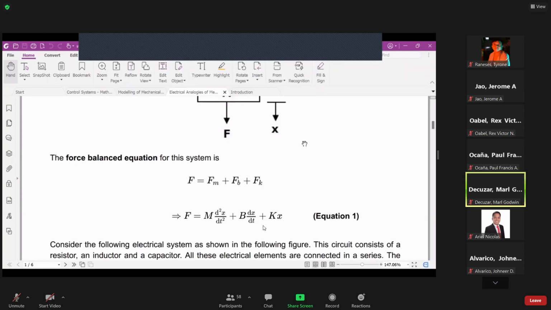So, nakuha naman natin yung mga equivalent differential equations kanina. This is second discussions natin.